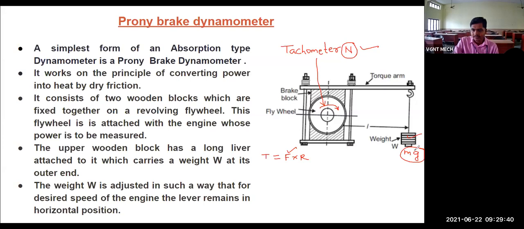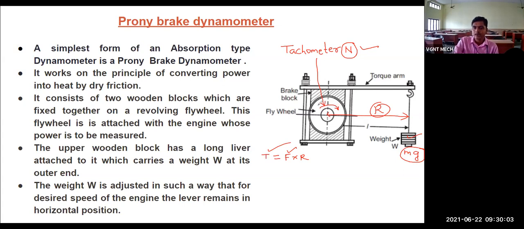We know the mass, so if we multiply by g, we get the weight in Newton. What is this radius? The length from here to here is called the brake drum radius. This radius we will measure by using a tape. So if we multiply these two, we can calculate the value of torque.